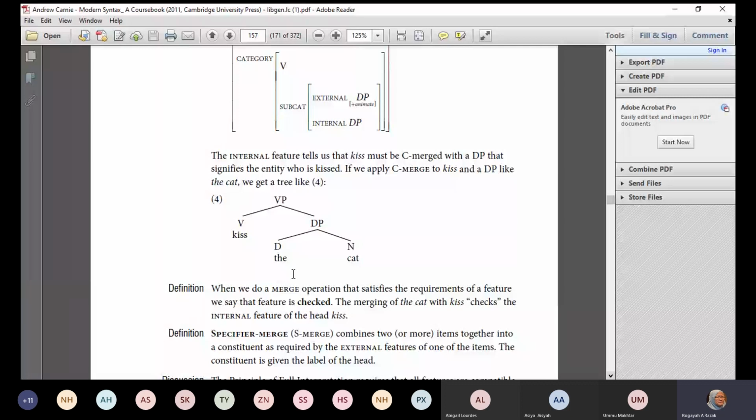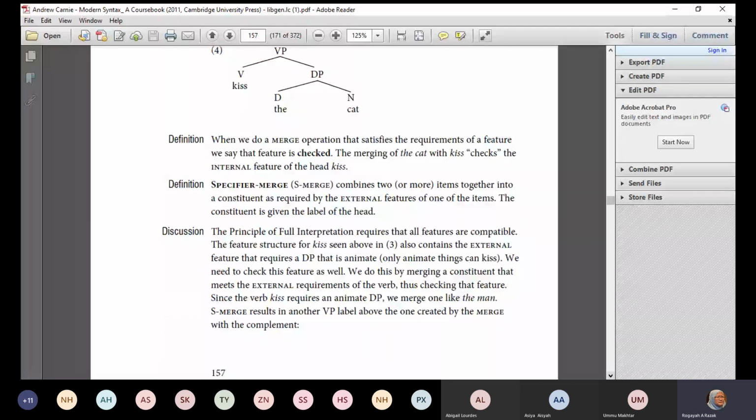So this is another concept, checking. Earlier we did the feature notation and it was satisfied. Now, once it is satisfied, we call it checked. So the merge checks the internal feature of the verb. Then we also have specifier-merge.